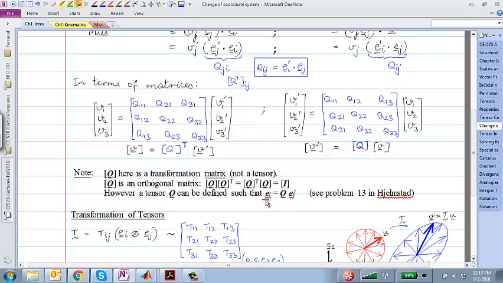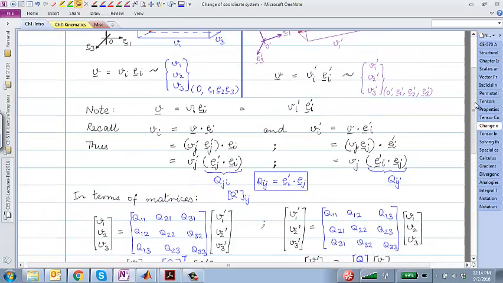Now, as the note's final line says, you can construct a tensor Q which has the same components as this matrix Q, but the physical interpretation of those two things is completely different. You can construct a tensor Q that will take the basis vectors Ei primes to their unprimed basis vectors.